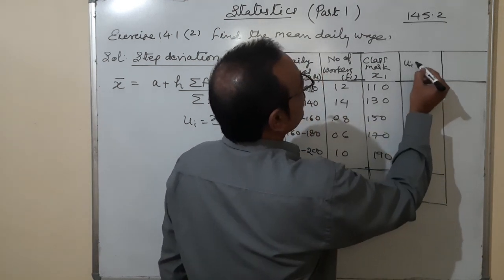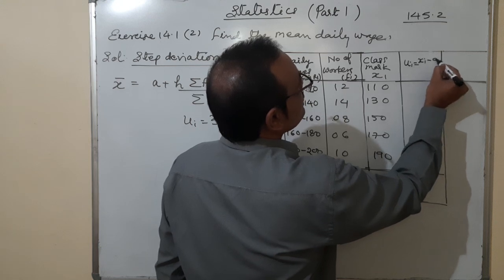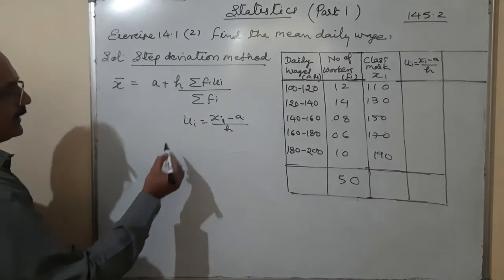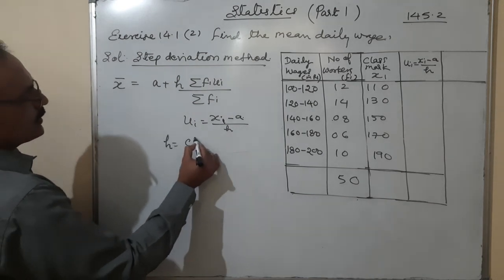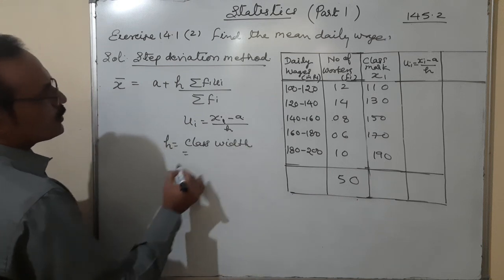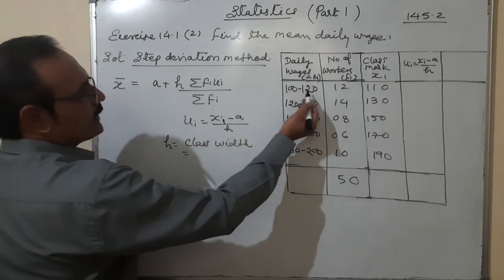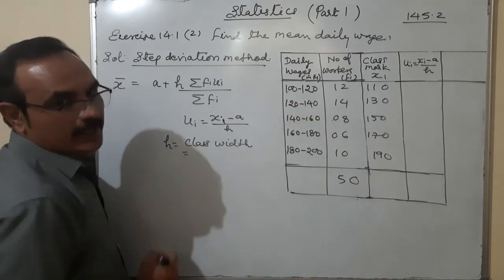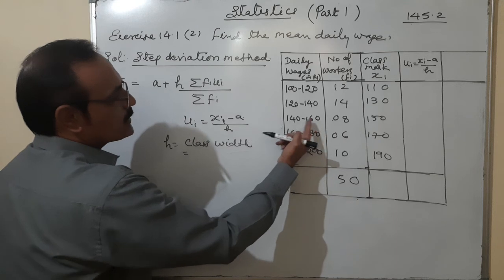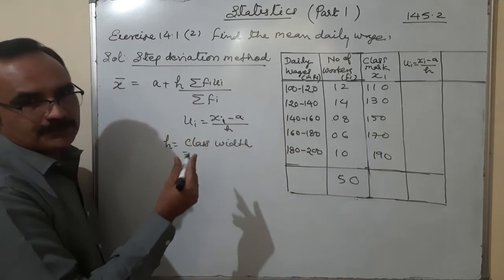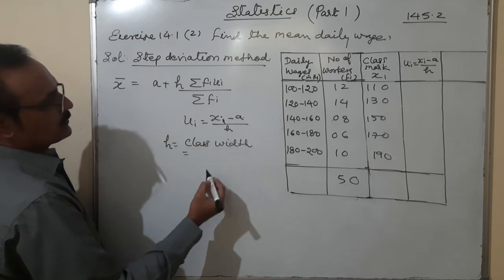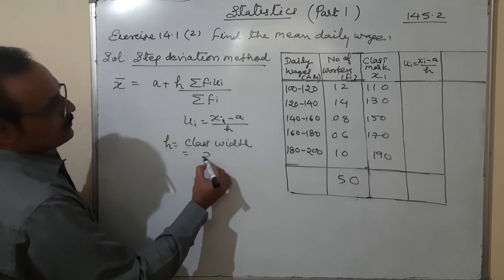Ui is equal to xi minus a upon h. Let me tell you what is h. H is equal to class width, class size. Like 120 minus 100, 20, 140 minus 120, 20, 160 minus 140, 20, like that. Upper limit minus lower limit. So h is equal to class width is equal to 20.